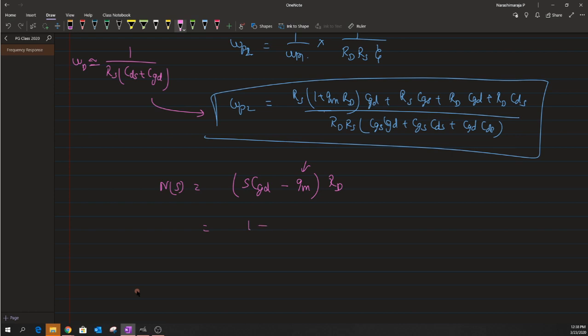So I guess one would end up with something like this, with a negative value of minus GM RD. And this particular quantity gives us the zero component.